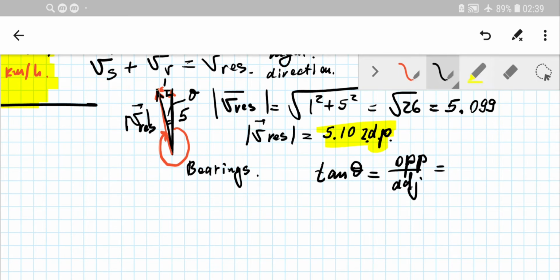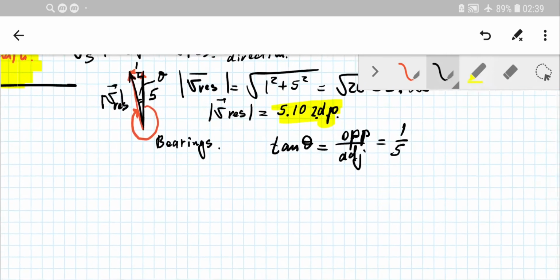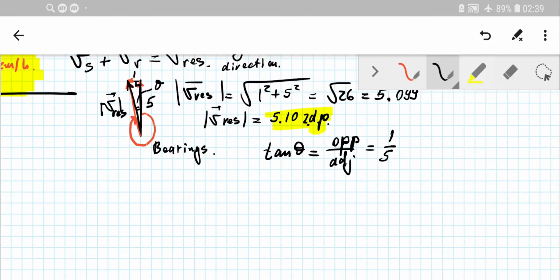In our case, the opposite is the side opposite the angle, so it's 1 to 5. That's going to be the angle theta. And basically the bearing is going to be 360 minus theta, because this angle is basically 360 degrees.